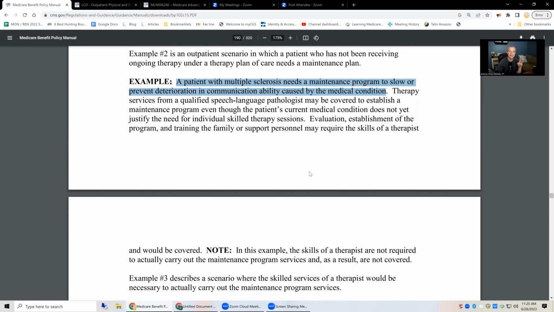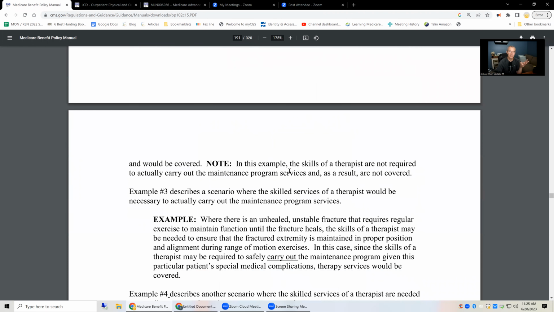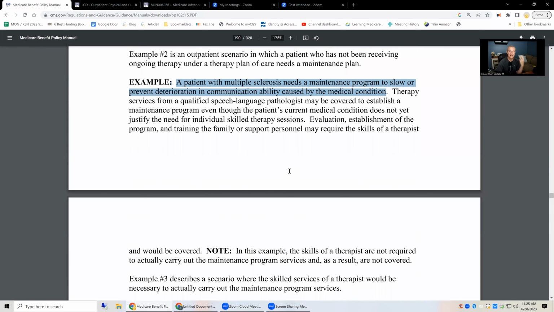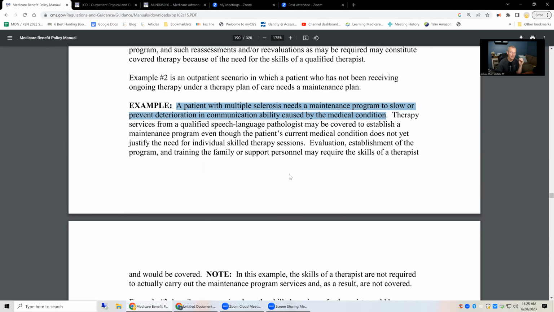And there are other examples within Medicare guidelines where they state if the patient doesn't have support personnel to train, if the patient is incapable of learning and understanding what needs to be done, continued therapy is not a covered benefit any longer. So that is a great example of what maintenance really is, establishing a maintenance program, educating about the maintenance program, and so on.